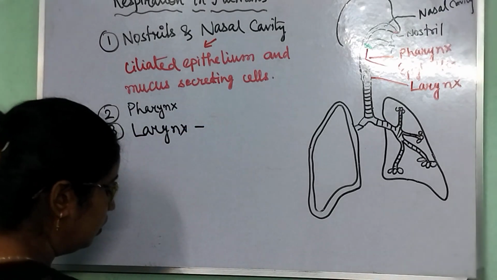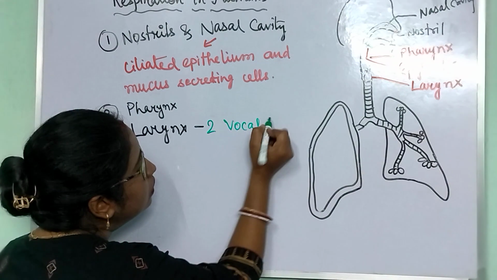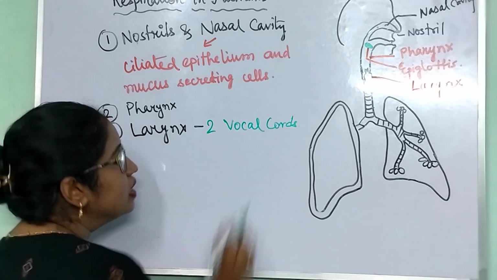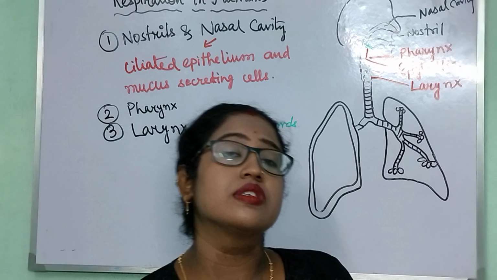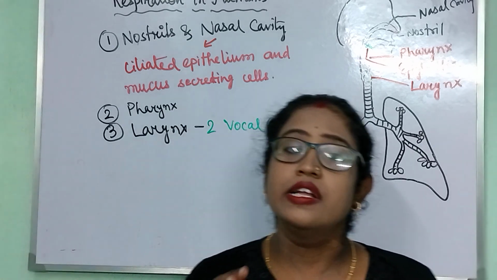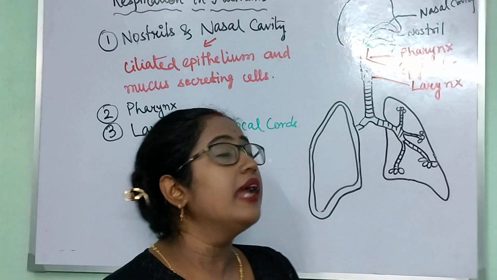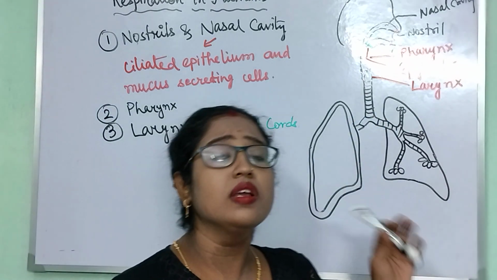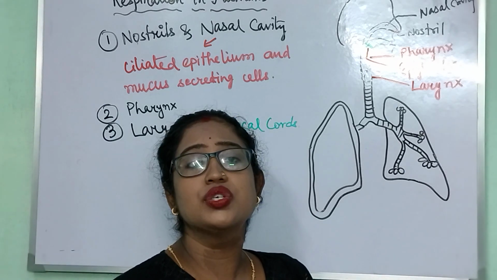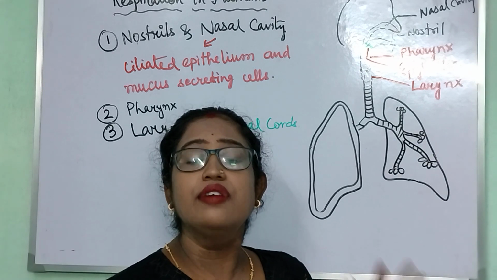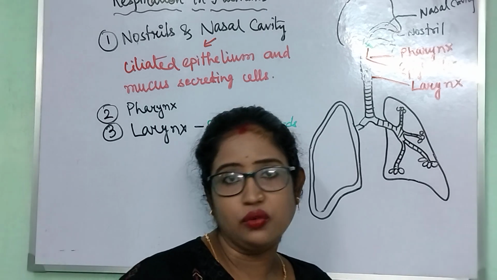When air passes through the respiratory tract, it forcefully enters the larynx, and the two vocal cords vibrate as the air passes through, producing different sounds.